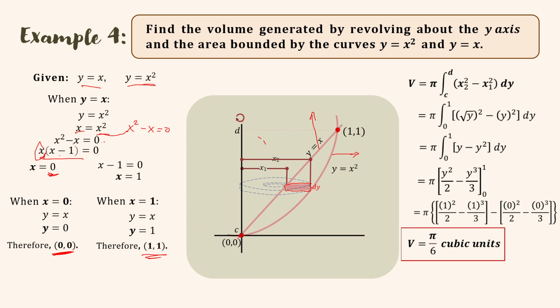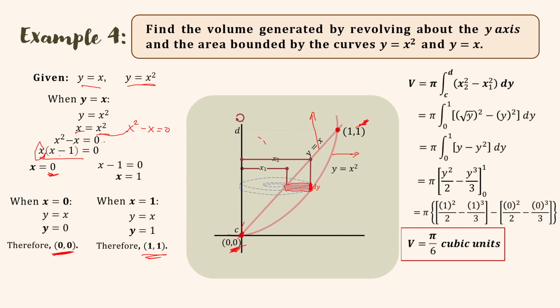And this is in terms of y, since the dy here, we are going to take the width of this one. So the boundary is from 0 to 1, the points of intersection, for all the y here.